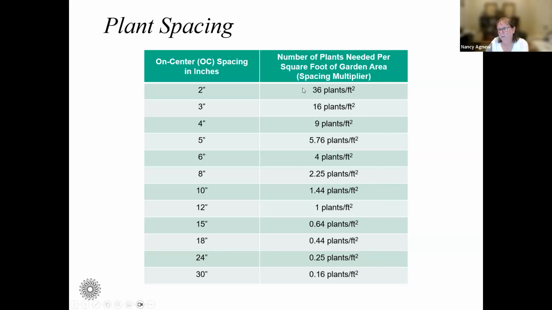You can see if it's really tight spacing at 2 inches between each plant, you can fit 36 plants in a square foot. If you have really wide spacing, like 24 inches between plants, you only have 1/4 of a plant for every square foot. So don't let those weird numbers less than 1 mess you up. And of course, if we plant on 12-inch on center, it's going to be 1 plant for every square foot.